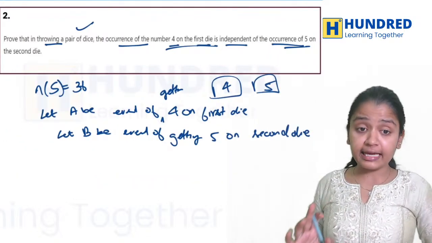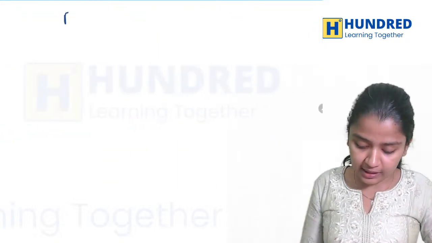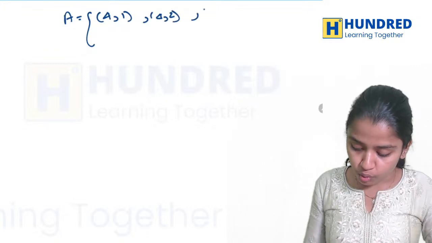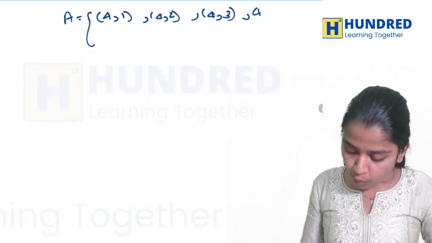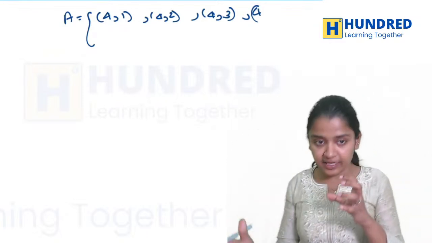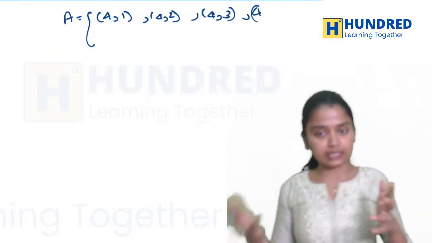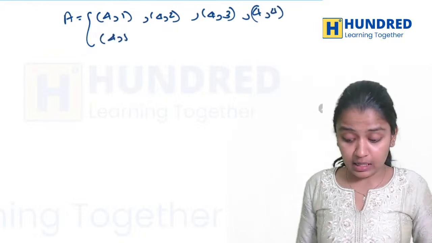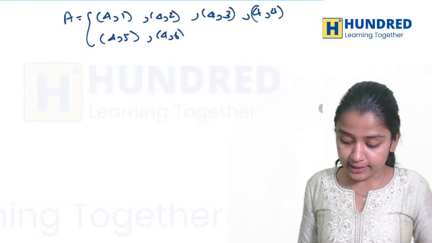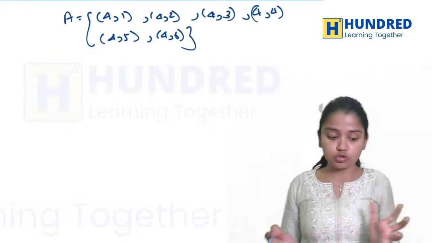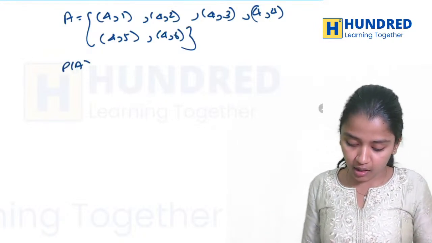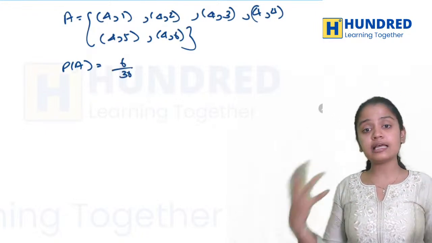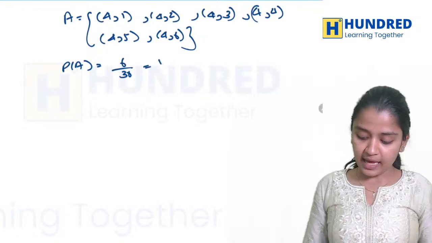So the first die showing 4, what is the probability? 4,1 4,2 4,3. Even if the first die is 4, the second die can be 1, 2, 3, it can vary, right? It can even be 4. So this is the event. So the probability of getting A is nothing but 6 by 36. Out of 36 I have 6, right? So basically I'll have 1 by 6.